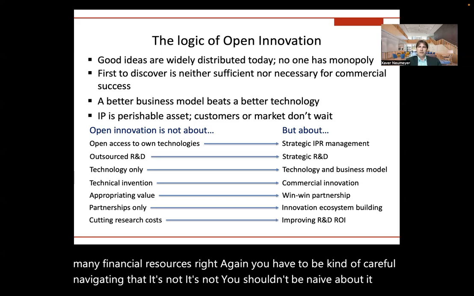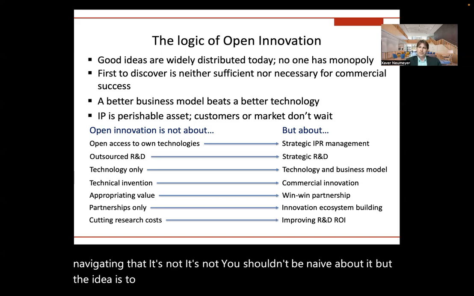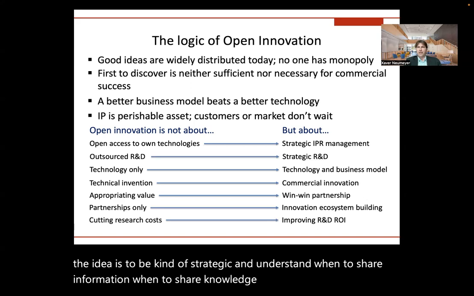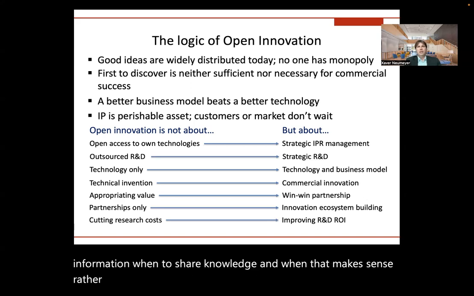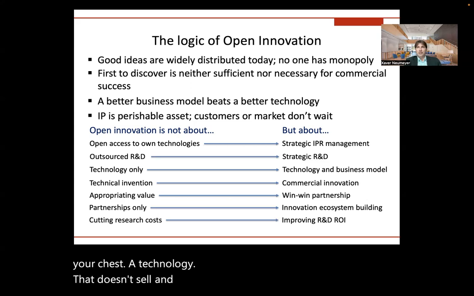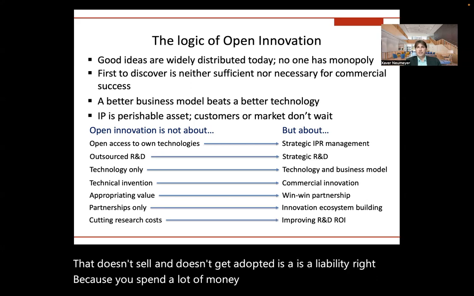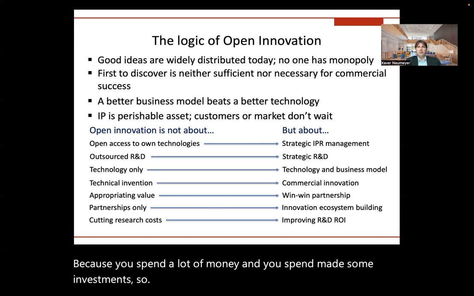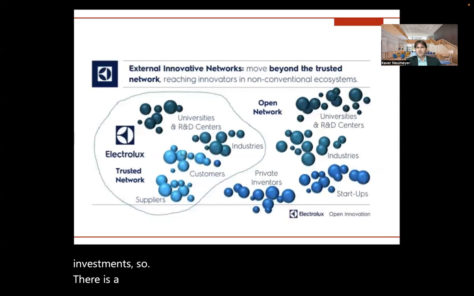But the idea is to be strategic and understand when to share information, when to share knowledge, and when that makes sense, rather than trying to keep everything close to your chest. A technology that doesn't sell and doesn't get adopted is a liability, right? Because you spend a lot of money and you made some investments. So there is a transition you have to make.